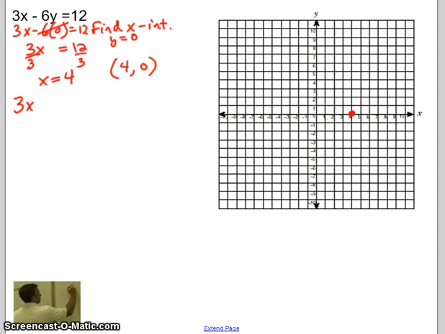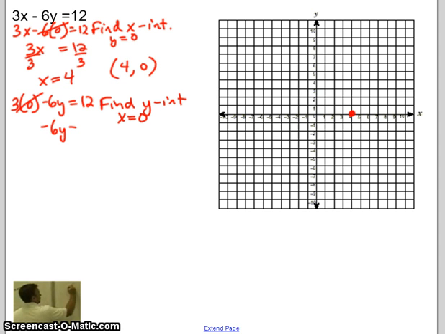Now we're going to find the y-intercept, and we substitute 0 for x. Three times 0 is 0, so that goes away.